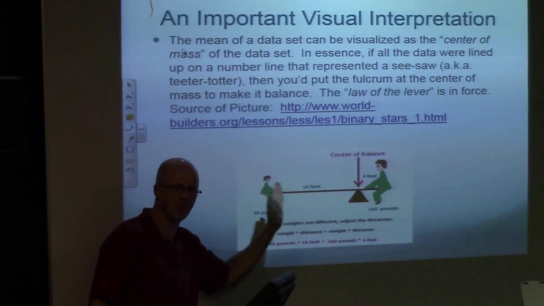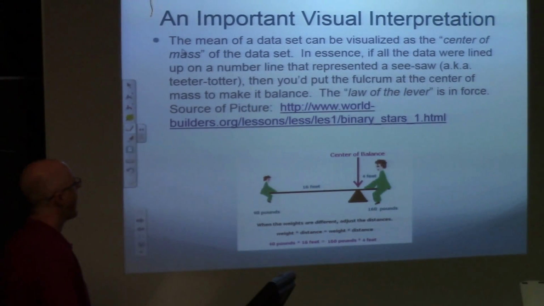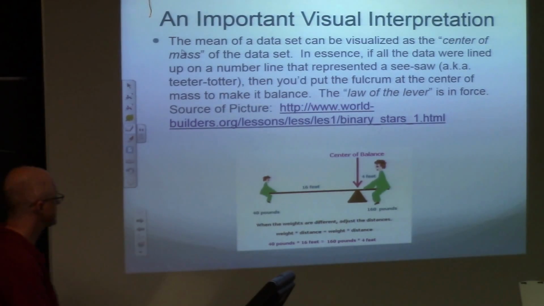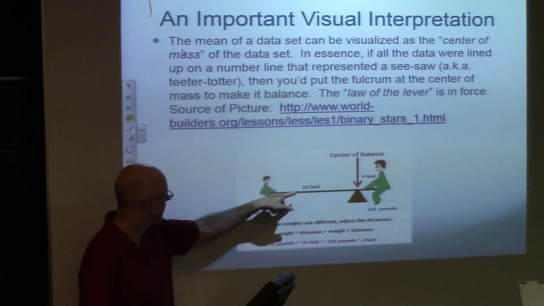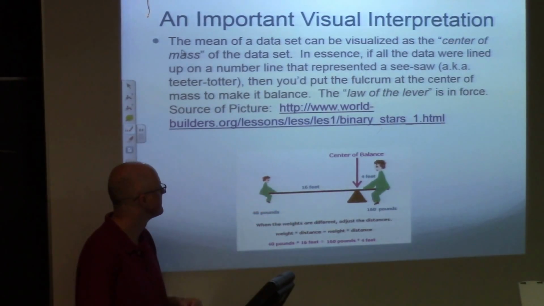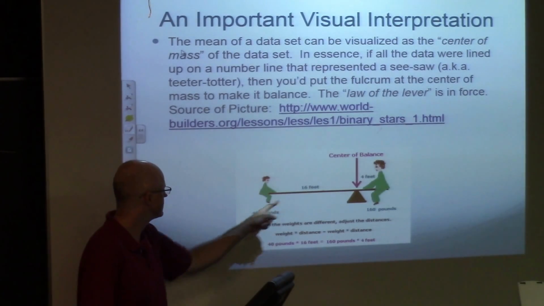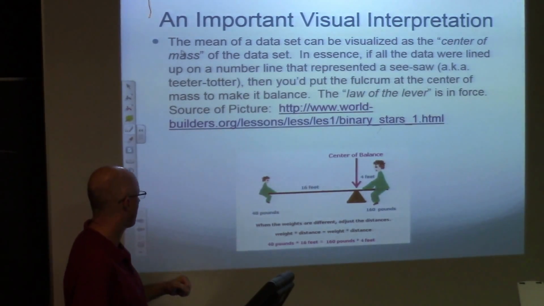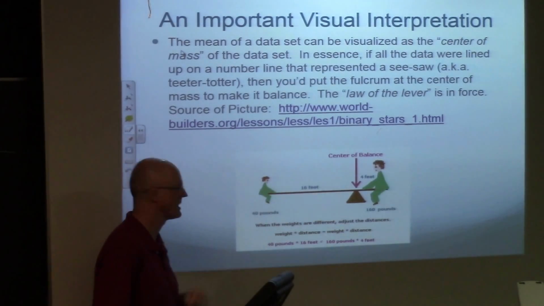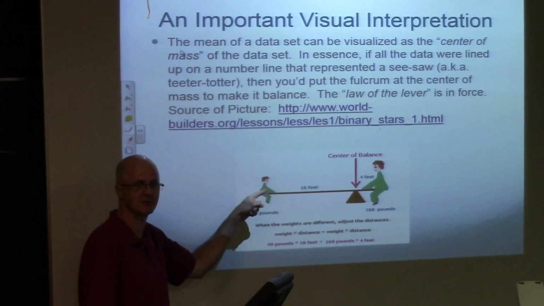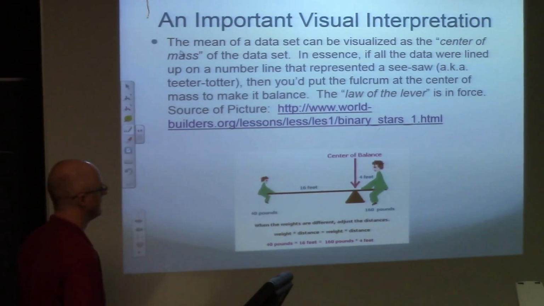You've got to put the fulcrum more toward that in that case, if you only have 3 data points. Actually, the law of the lever is a little bit more precise. The product, in this case, of the distance and the weight on both sides must be the same to make it balance. 16 times 40 is the same as 4 times 160. I guess this person should be 4 dots, and this person should be 1 dot.